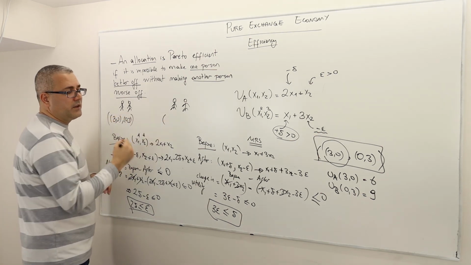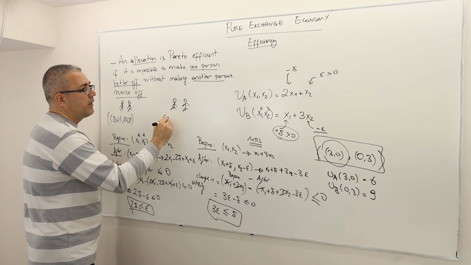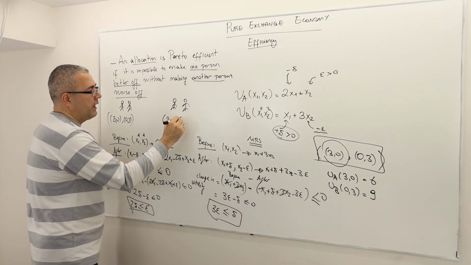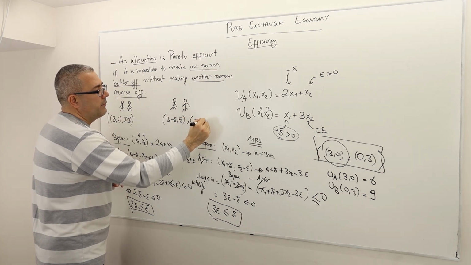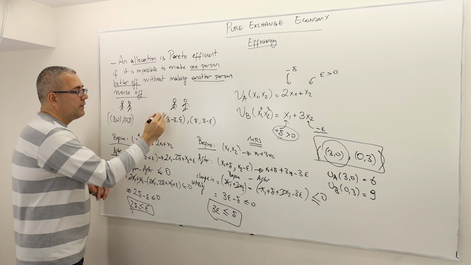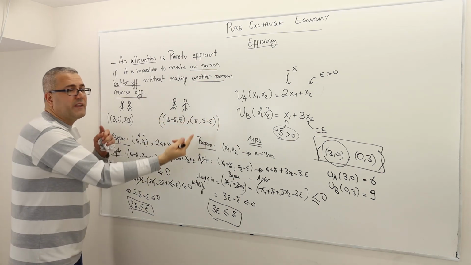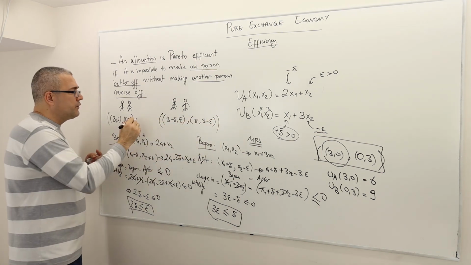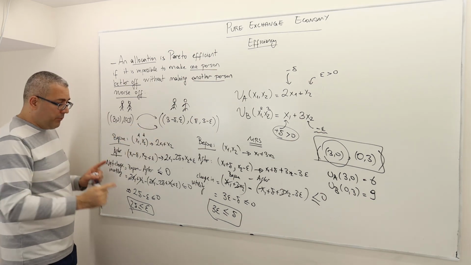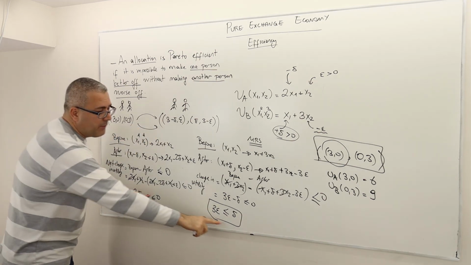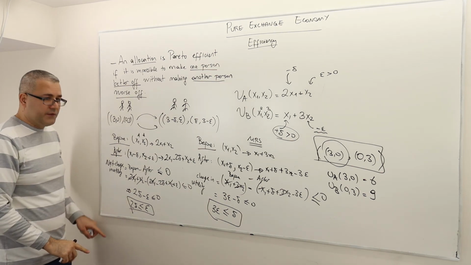And the second scenario is 3 minus delta, epsilon, and delta, 3 minus epsilon. I don't know what epsilon and delta should be so that there's an improvement for both Anita and Bob, but what I know is that they must satisfy these two properties.